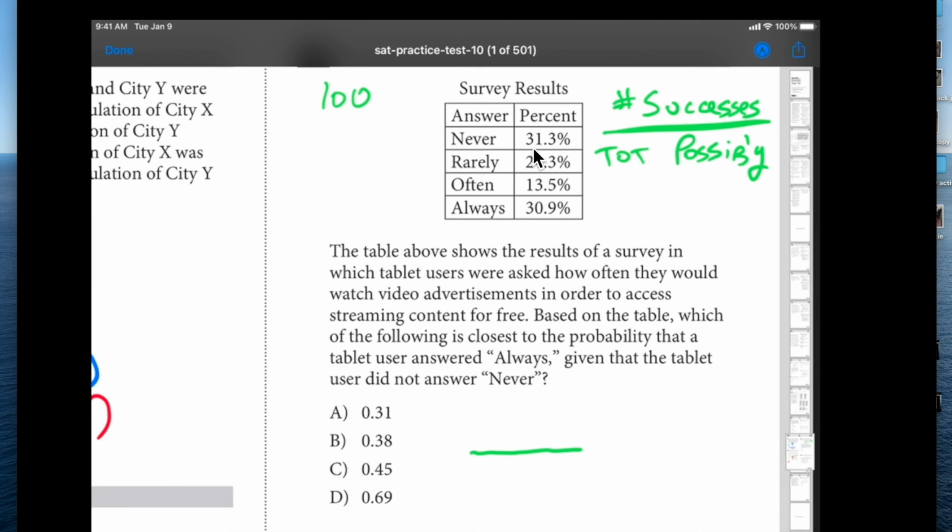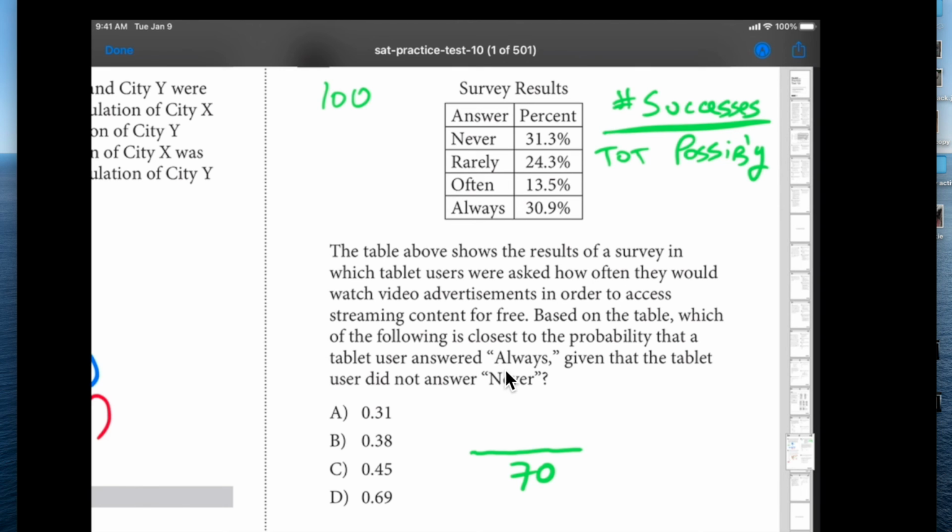So how often did they answer never? I'm going to call that 30%. If they answered never 30%, how often did they not answer never? The answer is 70. So 30% said never, which means 70% did not answer never.